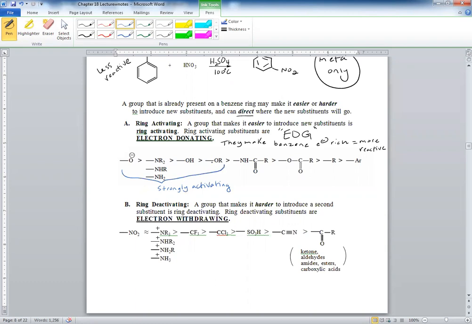These are strongly activating, and I will show you on the handout that all of this is actually nicely laid out. Toward the end, you have weakly activating groups. So this is an alkyl group and then an aryl group, which is basically a benzene ring with another substituent on that benzene ring. Both of these are considered weakly activating. In the middle, they tend to be moderately activating.